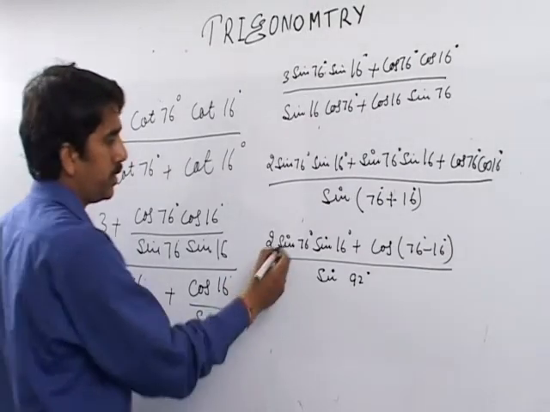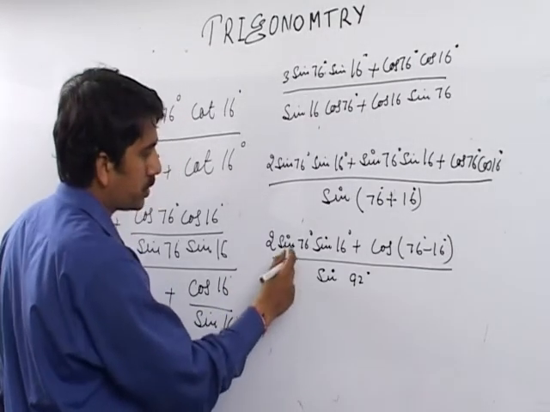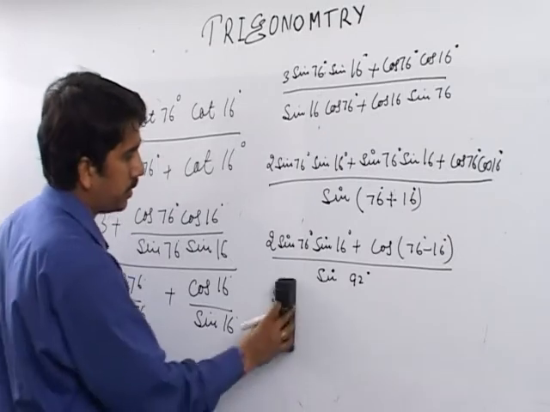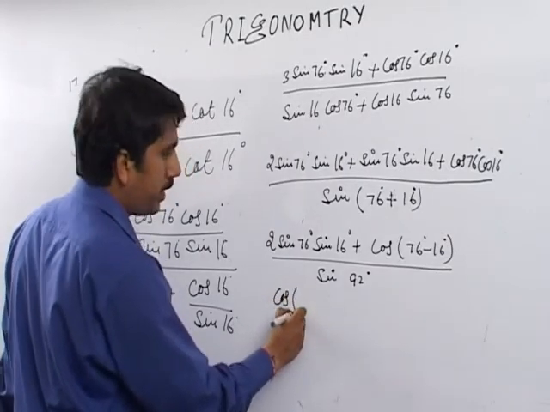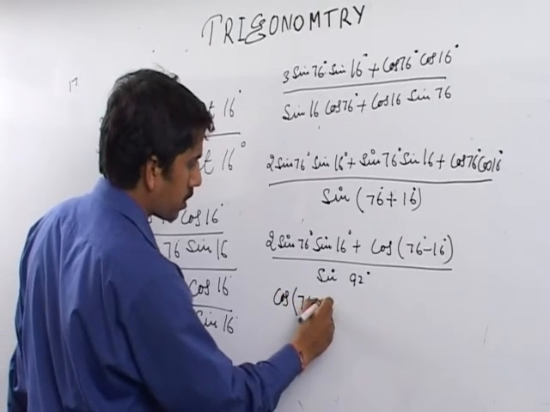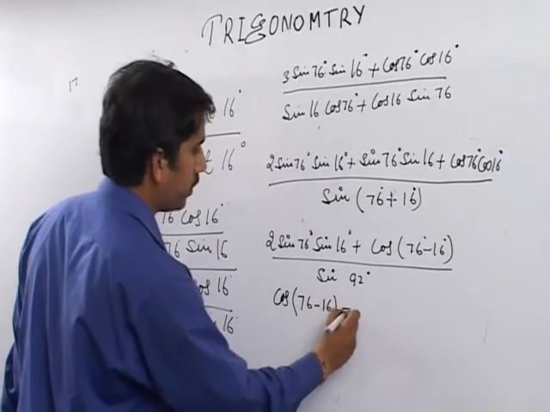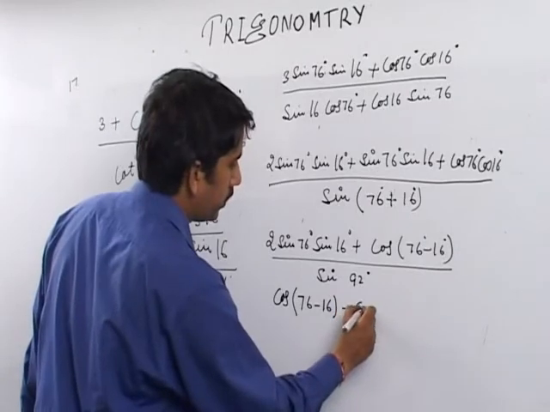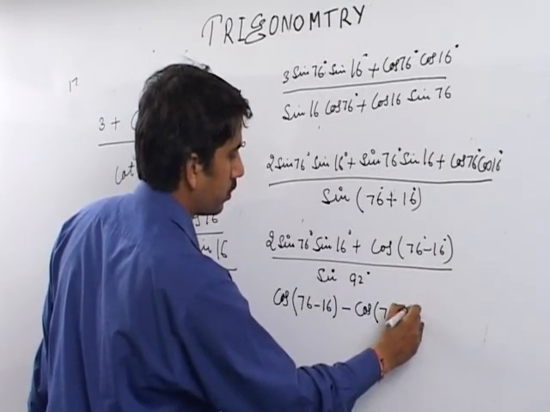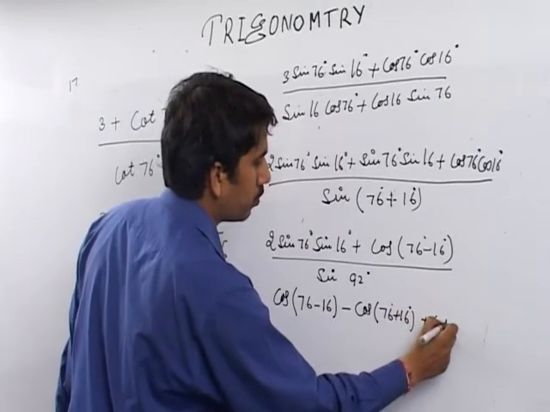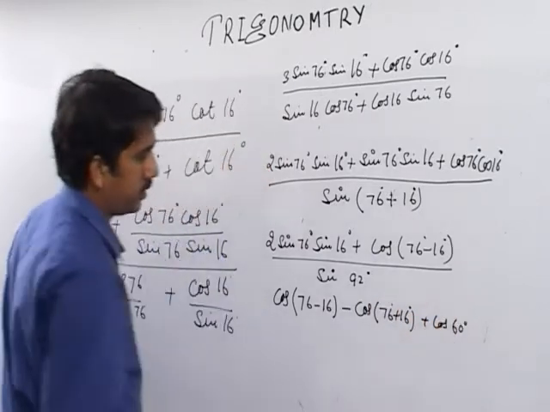Now this is 2 sin A sin B. Now 2 sin A sin B is equal to cos of A minus B minus cos of A plus B, that means 76 plus 16, plus cos of 60. This is also cos 60.